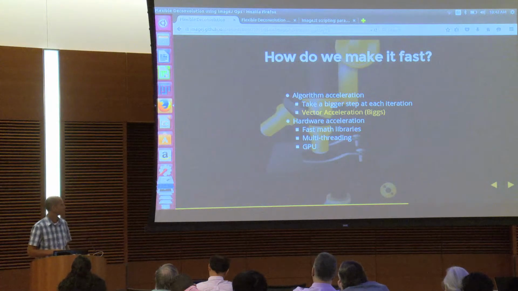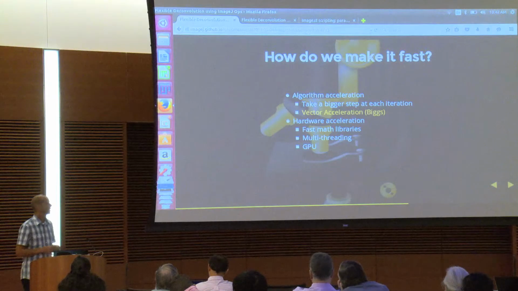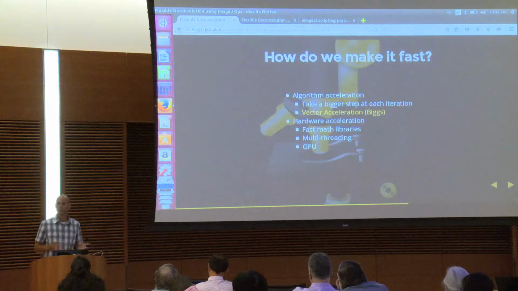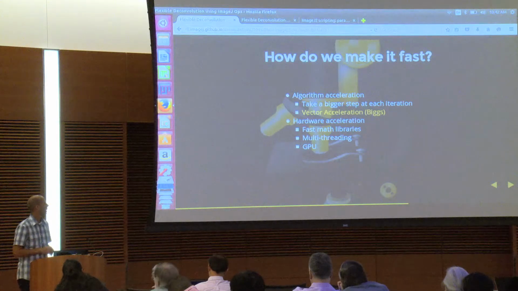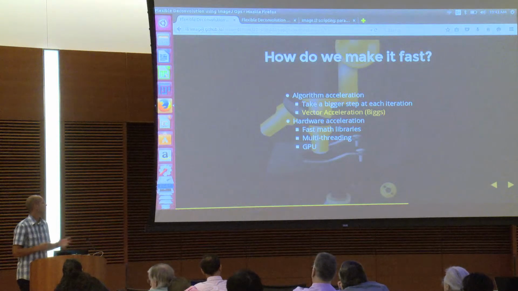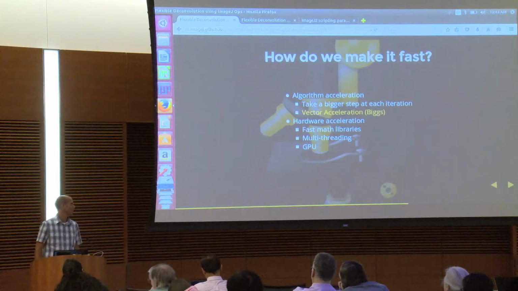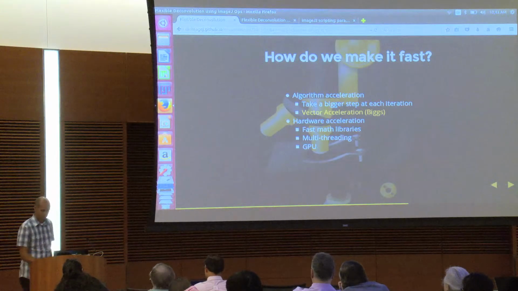I put a link to another nice approach. Then there's hardware acceleration, which is basically just making the math run faster, and that helps everything. It's really good to have fast math libraries that optimize multi-threading, and GPU is also an approach people have been looking at.